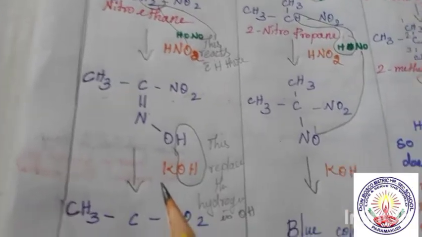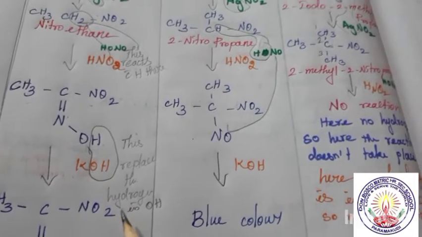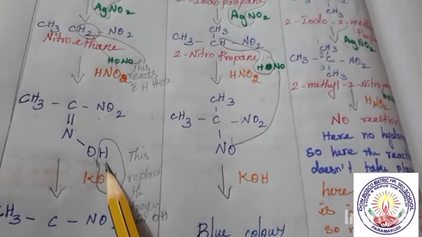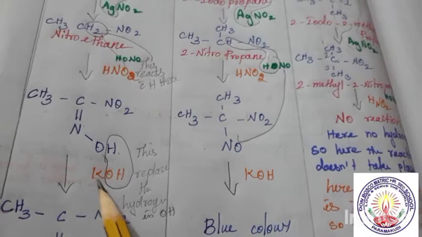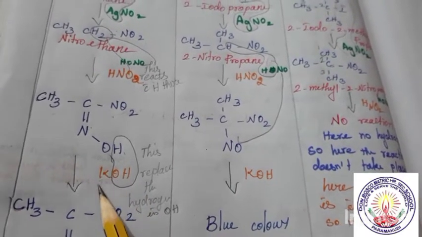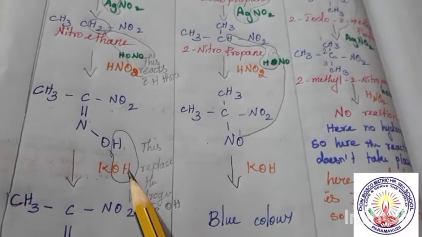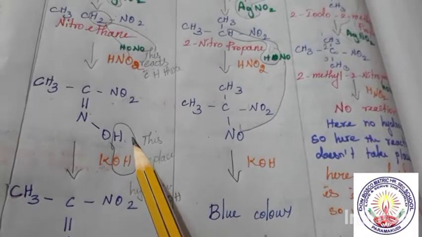Next, come to the fifth step. The substance that we are adding is KOH. We are adding KOH to this, and this replaces the hydrogen in OH. The OH from KOH and the hydrogen here are eliminated as water, so this K will replace this hydrogen.